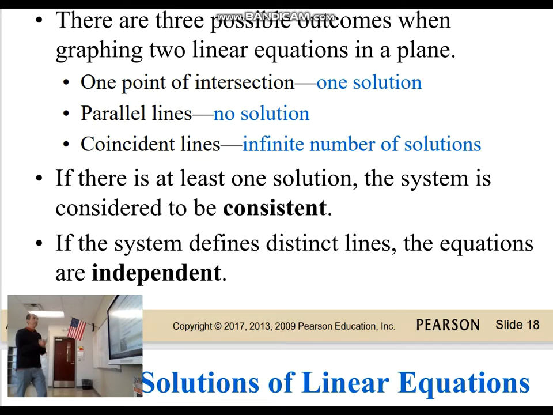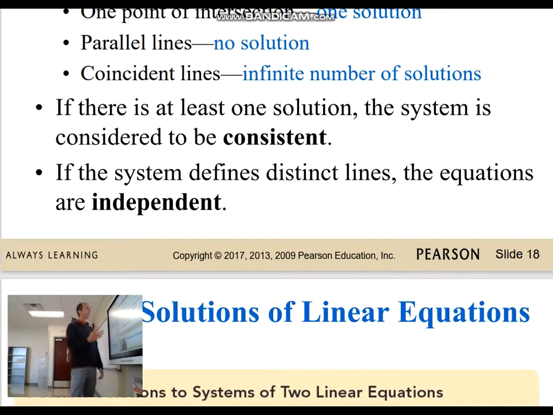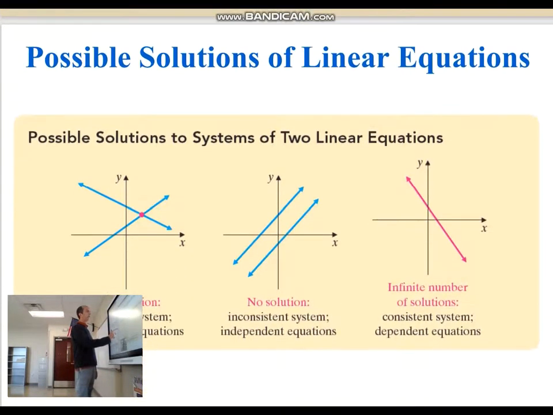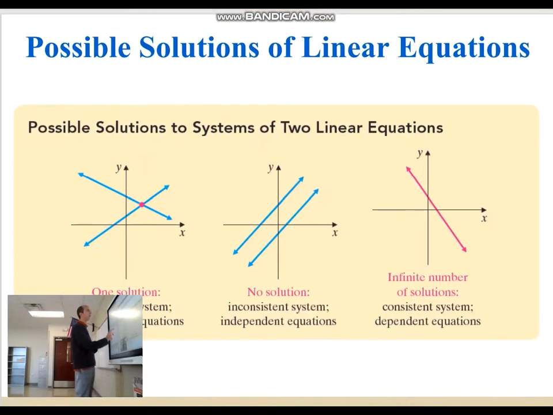If there is at least one solution, the system is considered to be consistent. This is a name that's given to the system. And if the system defines distinct lines, the equations are independent. If they don't have a solution, they are parallel lines, they are independent. And this graph summarizes the conclusion that we just talked about.